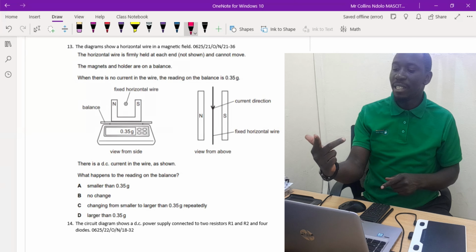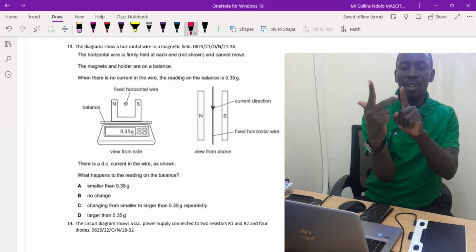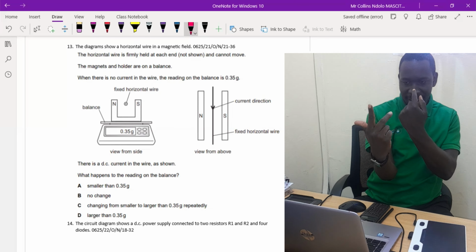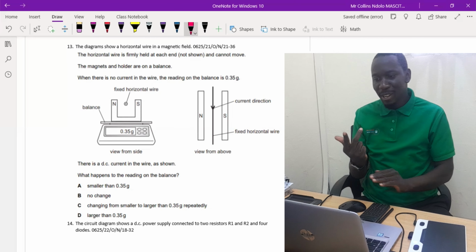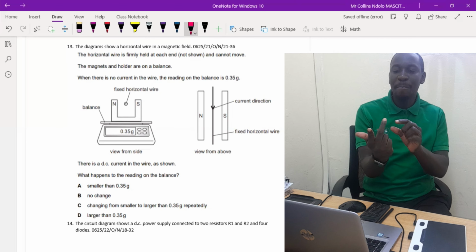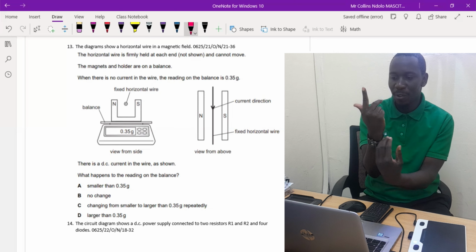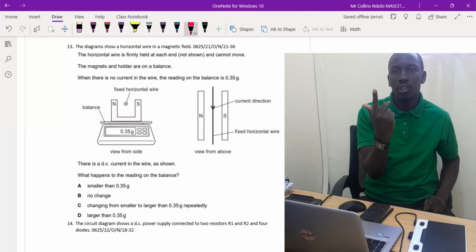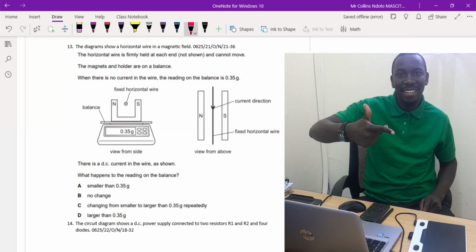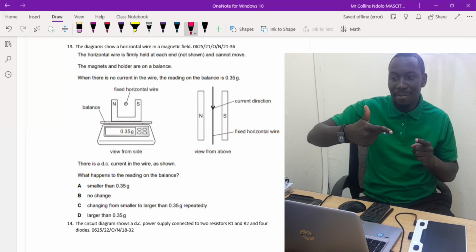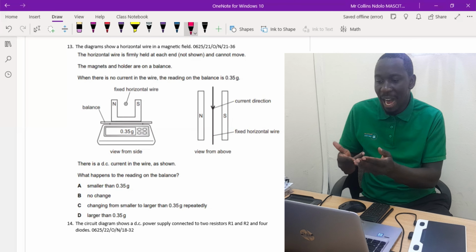So the first thing that I'm going to do is to ensure that my second finger is pointing at my eye, because it is out of the page. And then this is supposed to point in the direction of the magnetic field, which is towards the south. So I just do like this. You see that? So the force will be acting upward.